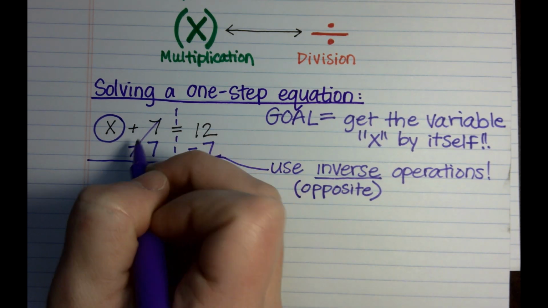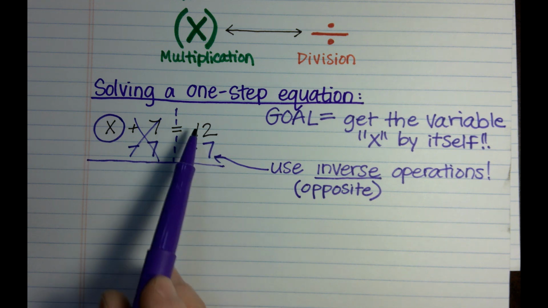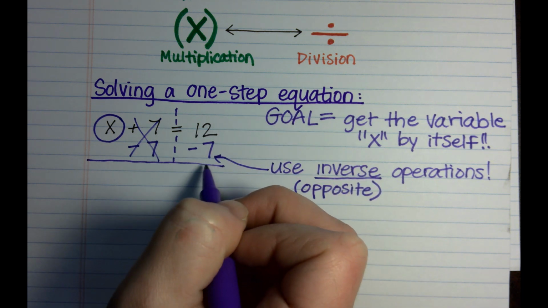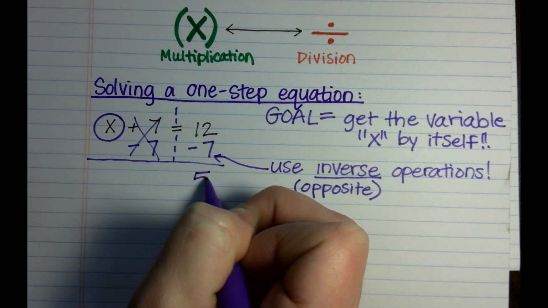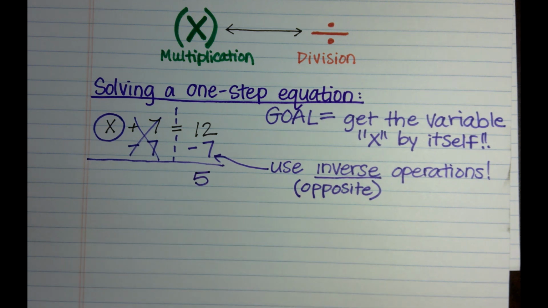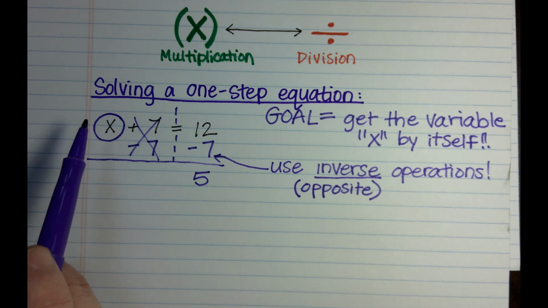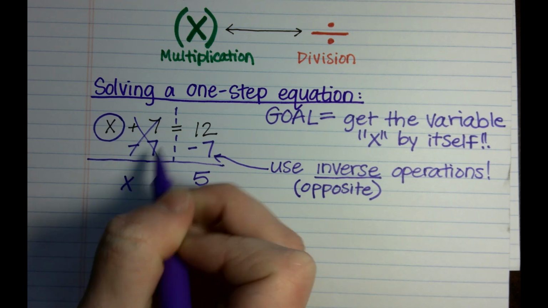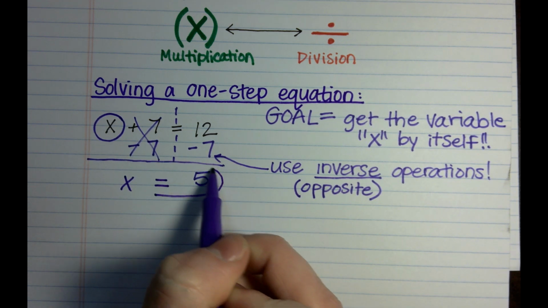Cross out the 7s. They cancel out. What now? Subtract. Yeah. 12 minus 7 is 5. It's 5 over here. X equals. Good. Now we're going to bring everything down. Bring down x equals 5. X equals 5.